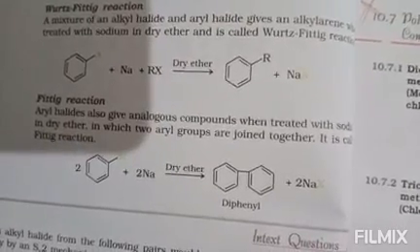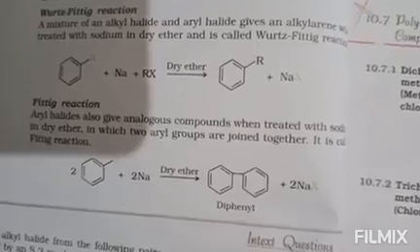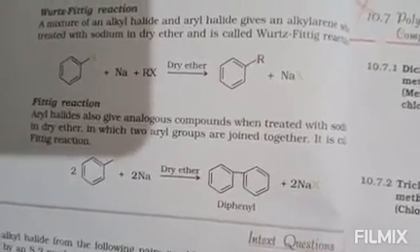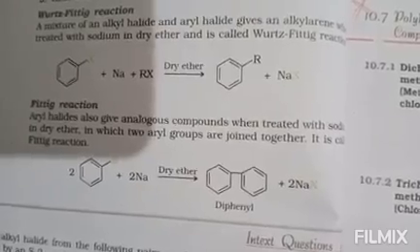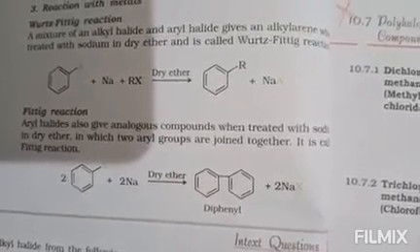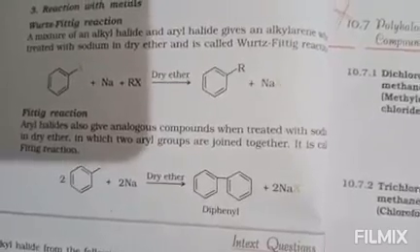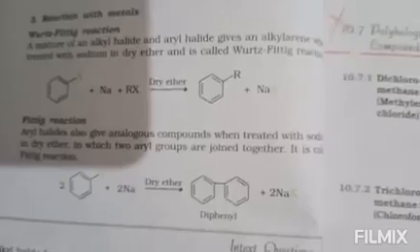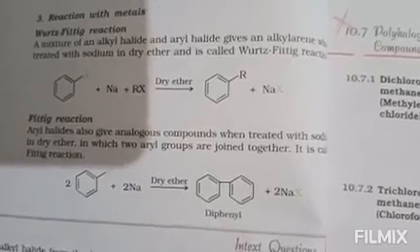Here alkyl halide means RX, and aryl halide means a benzene ring with X. Then if you heat it with sodium in the presence of dry ether, then the alkyl group R is in the benzene ring, so we get alkylarenes. This preparation was first done by Wurtz and Fittig, so it is called the Wurtz-Fittig reaction.